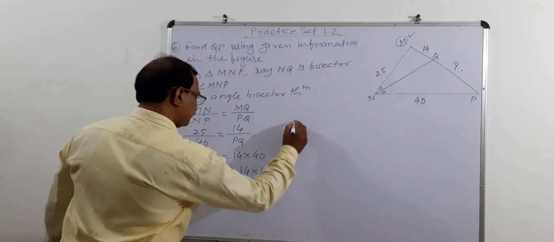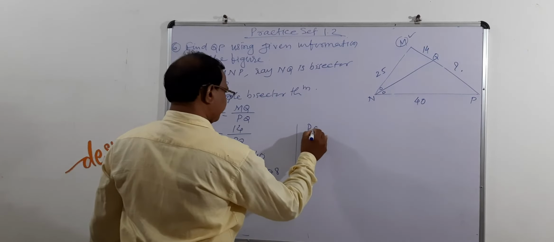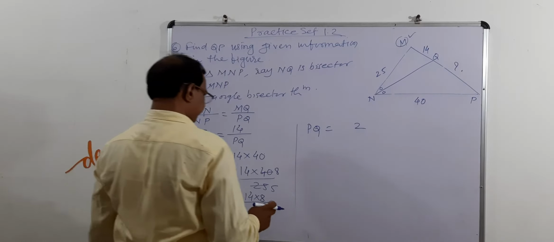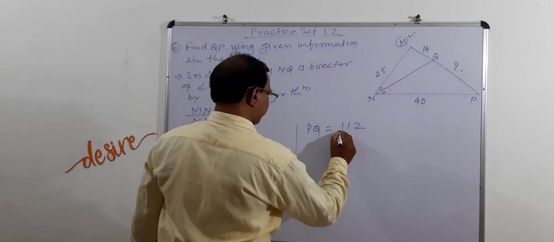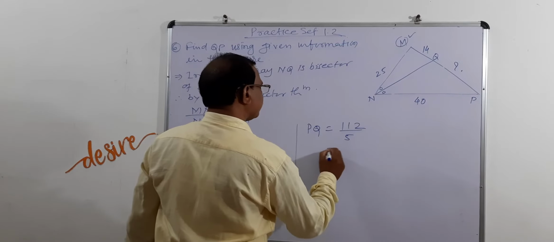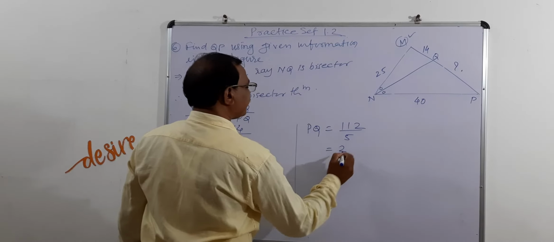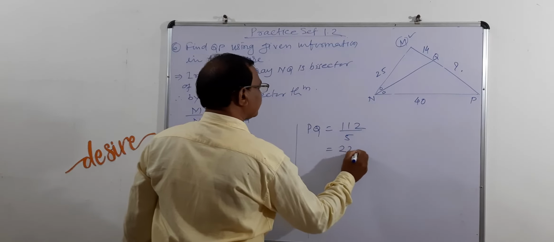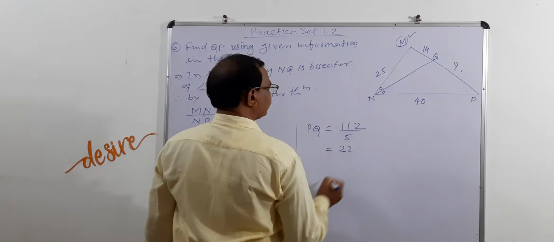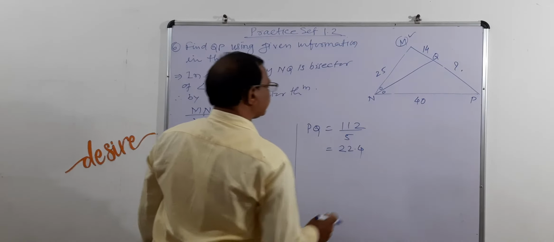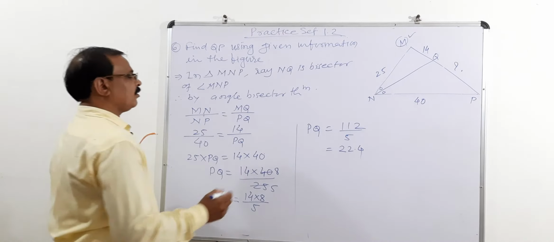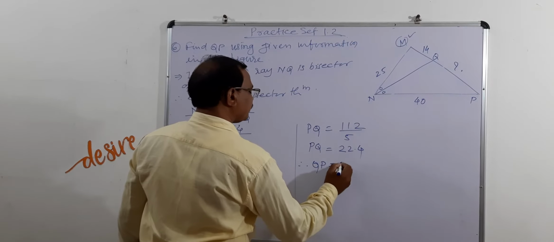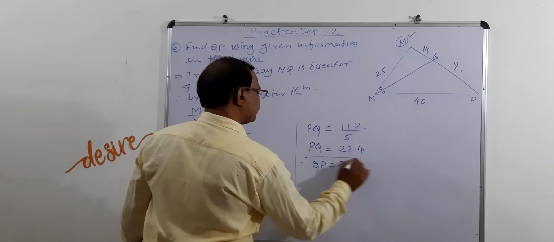The answer is PQ is equal to 112 divided by 5, that is equal to 22.4 is the answer of PQ, and that is equal to QP. This is the answer.